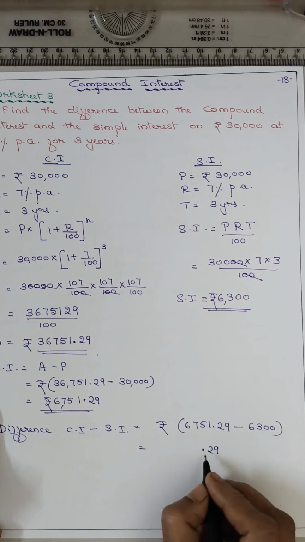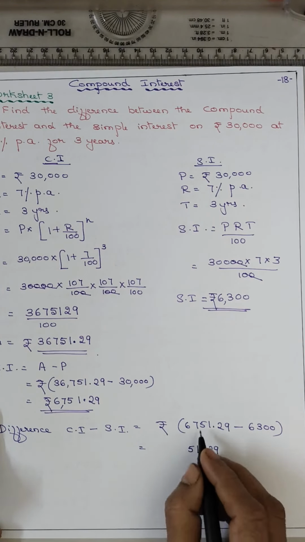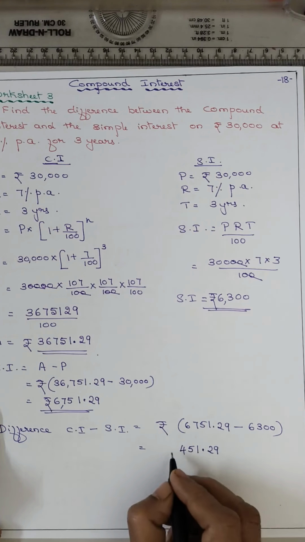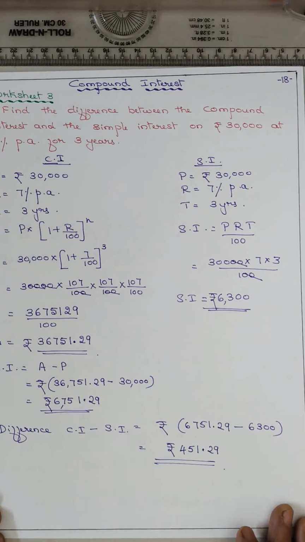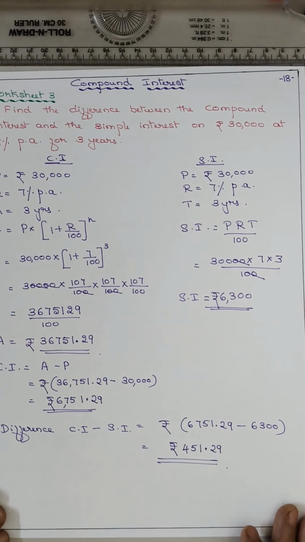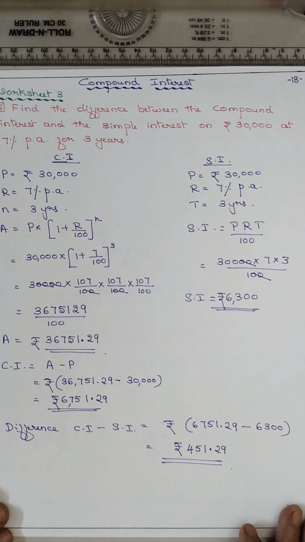So answer is 451.29. It is the difference between CI and SI. So everything is same, principal, rate of interest, the time is same. So always CI is better than the SI.